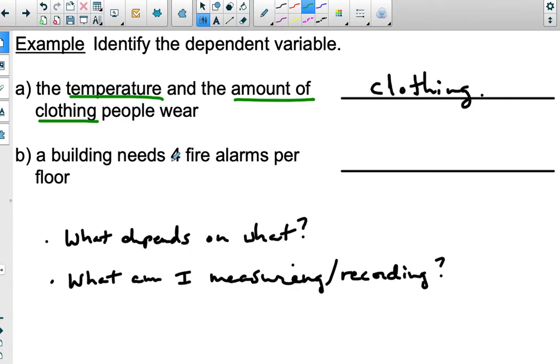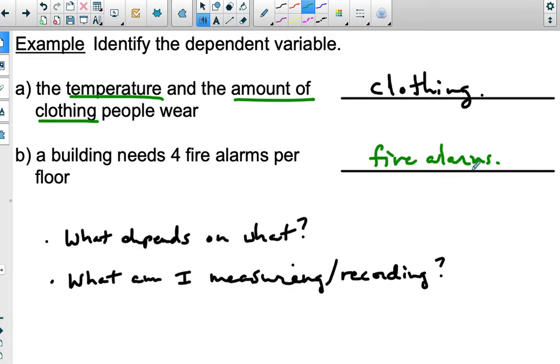In B, a building needs 4 fire alarms per floor. So in this case, the dependent variable is the fire alarms. How many fire alarms we have to buy for this building depends on how many floors it has. The building doesn't say, oh, you have 28 fire alarms, so I'm going to be 7 floors tall.